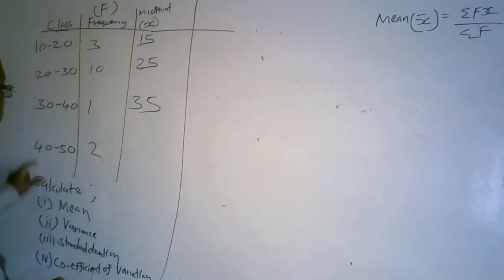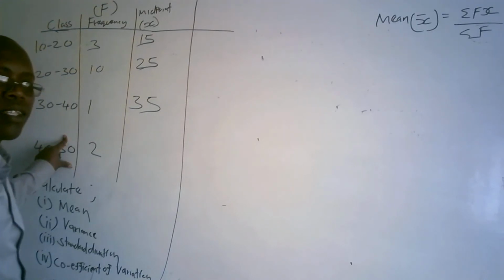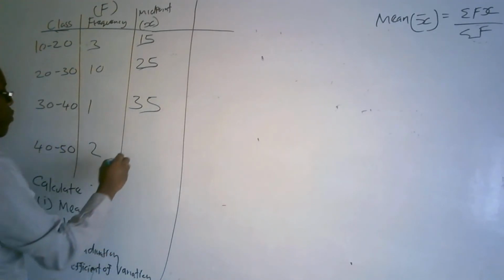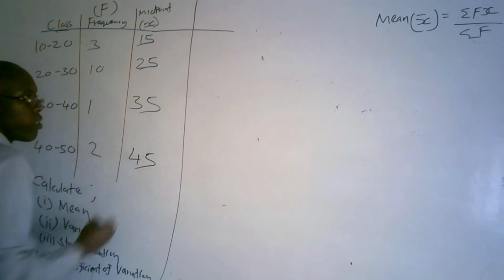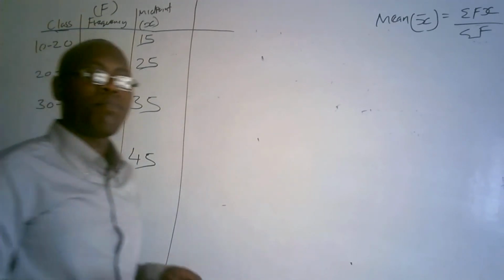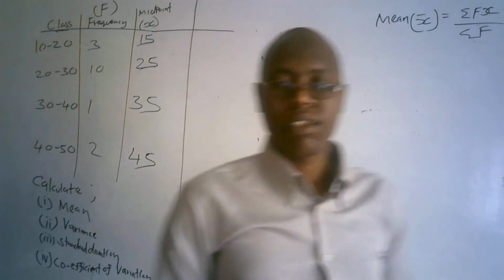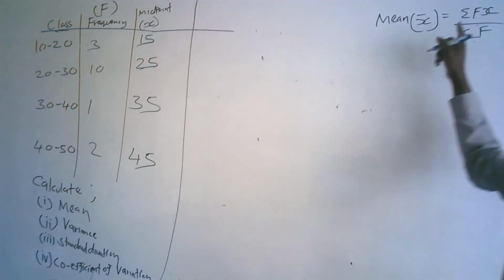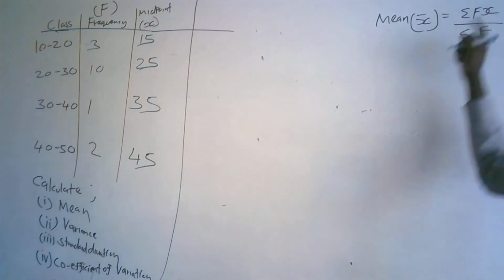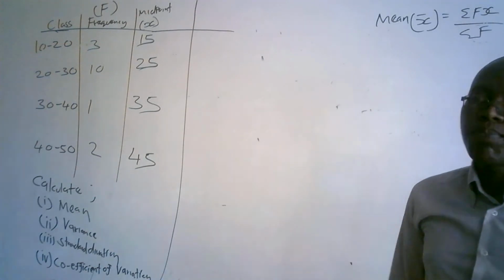And lastly, we are going to have 40 plus 50, which is 90, divided by 2, which is 45. So that's how we arrive at the midpoint, which is in this case our x. We have said that x is the midpoint.